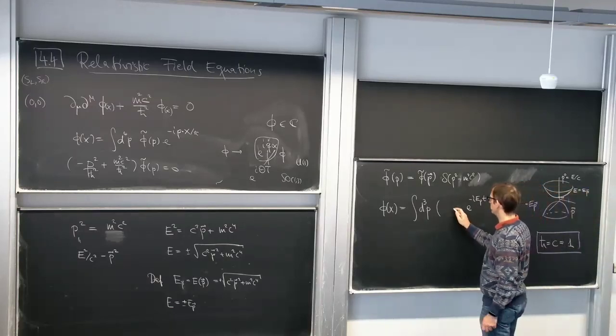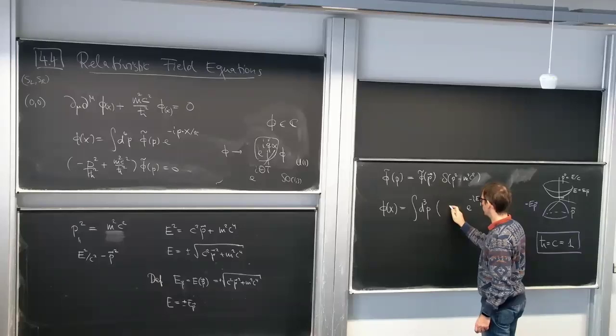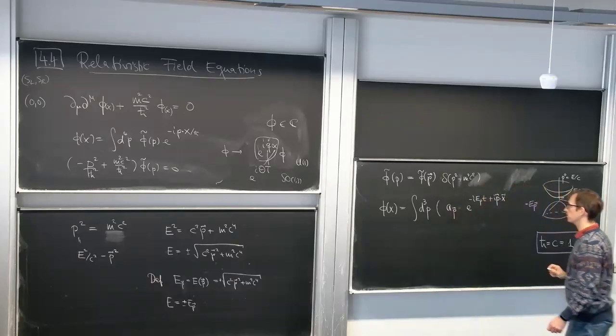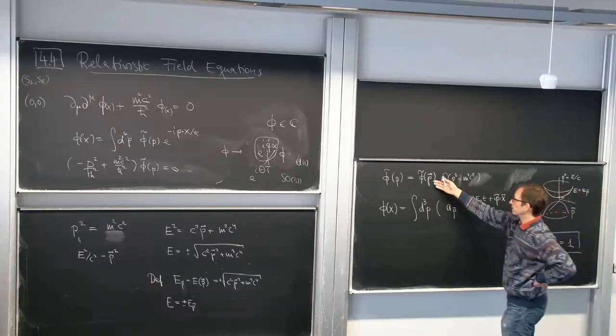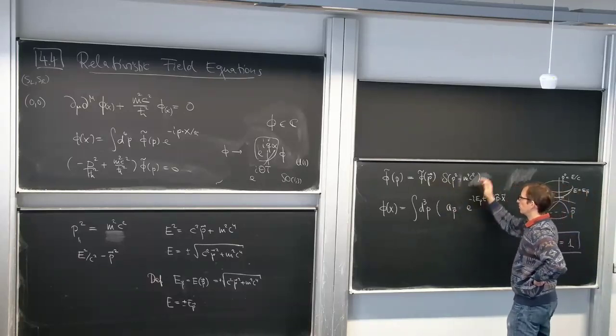And here we need a name. And what do people do? I guess A of p. This is just the amplitude. It's essentially this thing, but only for the positive part.